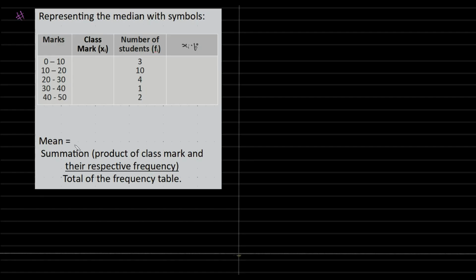Then the mean here would be represented as x bar is equal to summation of the product of class mark and frequencies, xi fi, and the total of the frequency table, total means summation, frequency is fi. So here we have summation of xi fi and here we have summation of fi. So this is your mean.